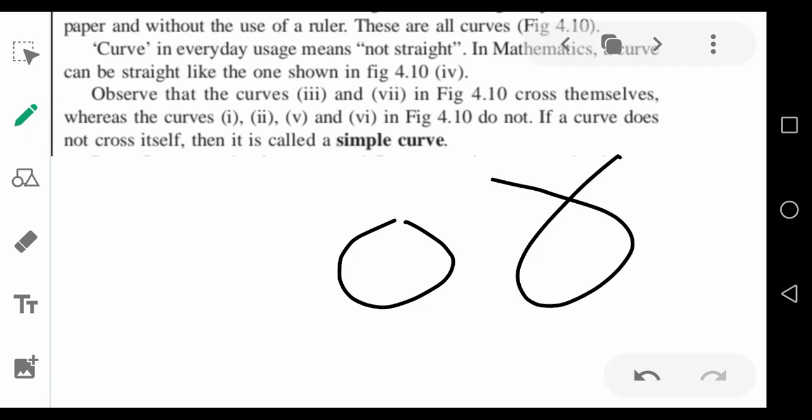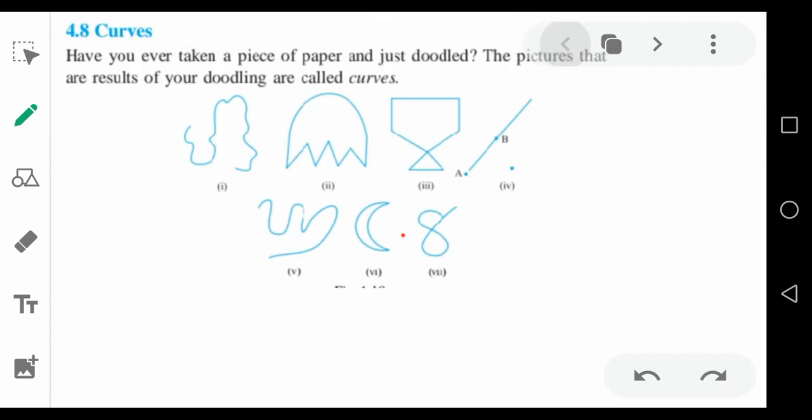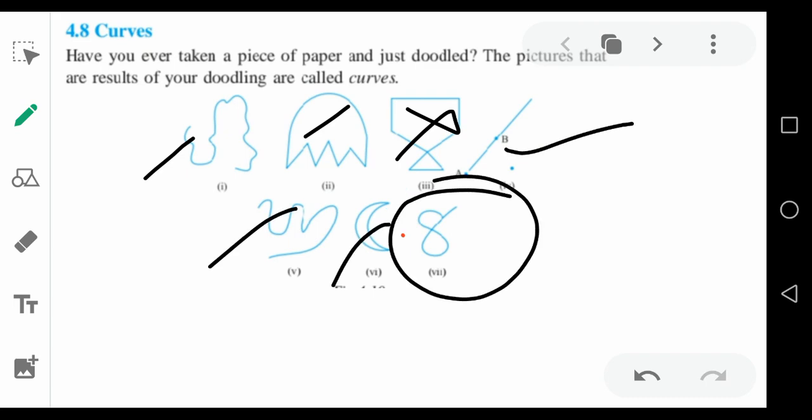Now this is not a simple curve. This is a simple curve. That means curves which do not cross themselves are called simple curves. So in this figure, this is a simple curve. This is simple. This is not a simple curve. This is a simple curve. These all are simple curves, but this is not a simple curve. Any curve which is crossing is not simple. Okay.